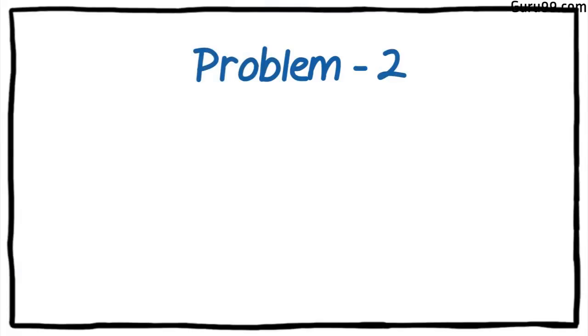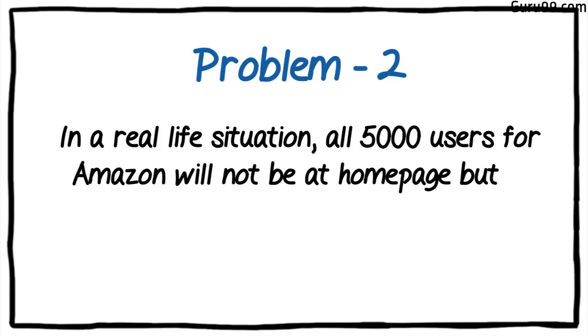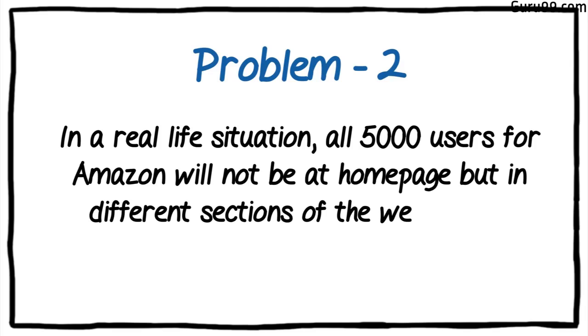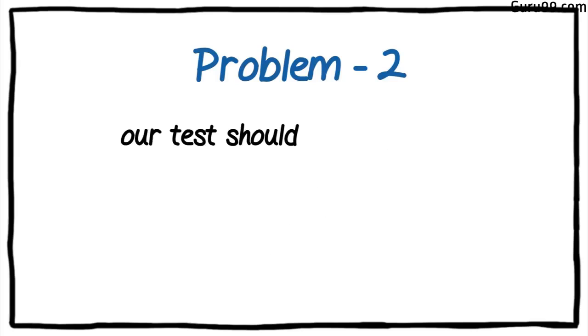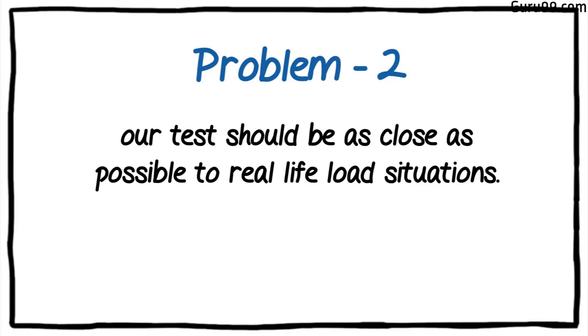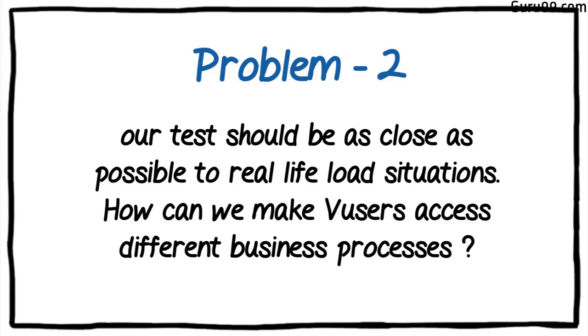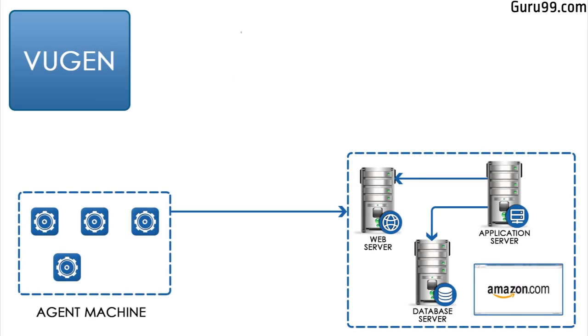Problem 2. In a real-life situation, all 5,000 users for Amazon will not be at the home page, but in different sections of the website. To make load testing effective, our test should be as close as possible to real-life load situations. How can we make V-users access different business processes? The solution is VUGen.